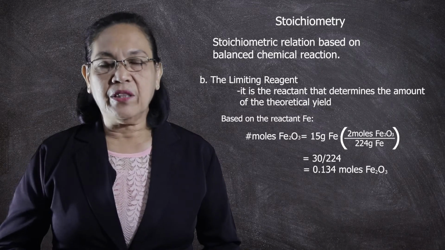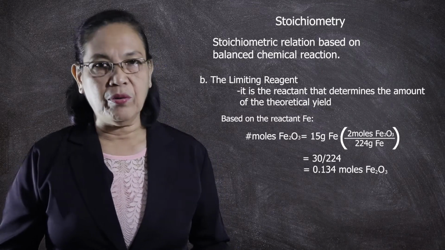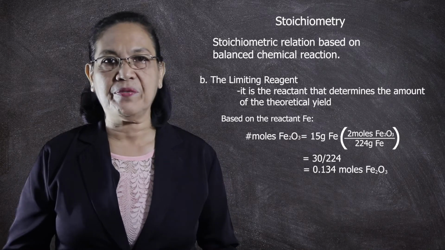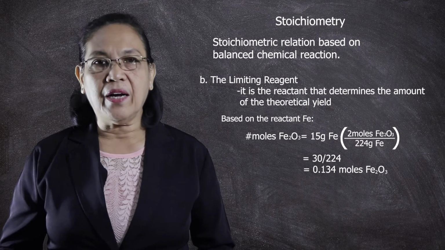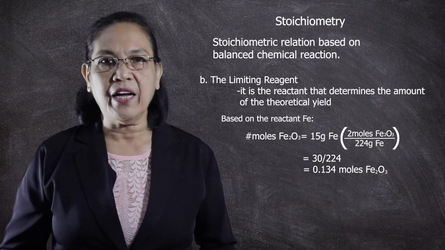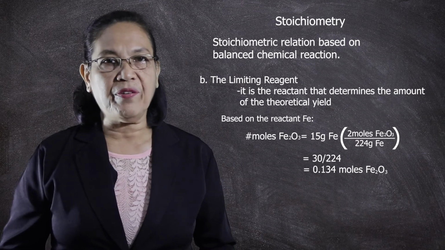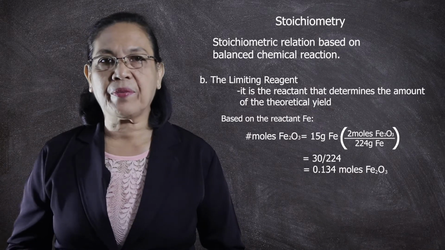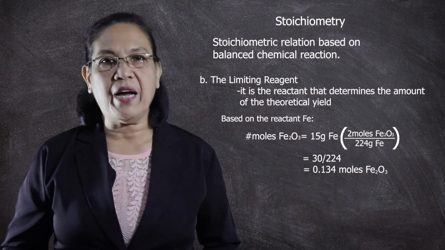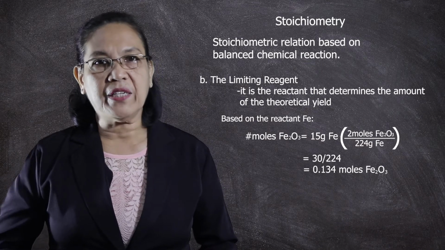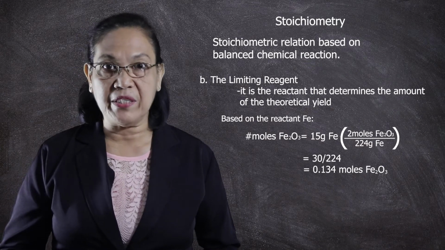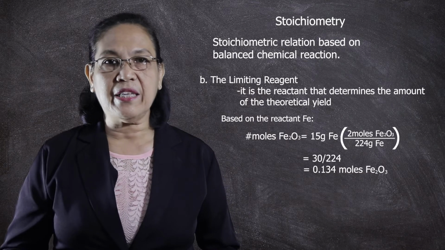To compute the number of moles of the desired product, which is ferric oxide, based on the amount of the reactant iron, since we use 15 grams of the iron, multiply this by the mole relation over the gram relation that we have established in step 2.